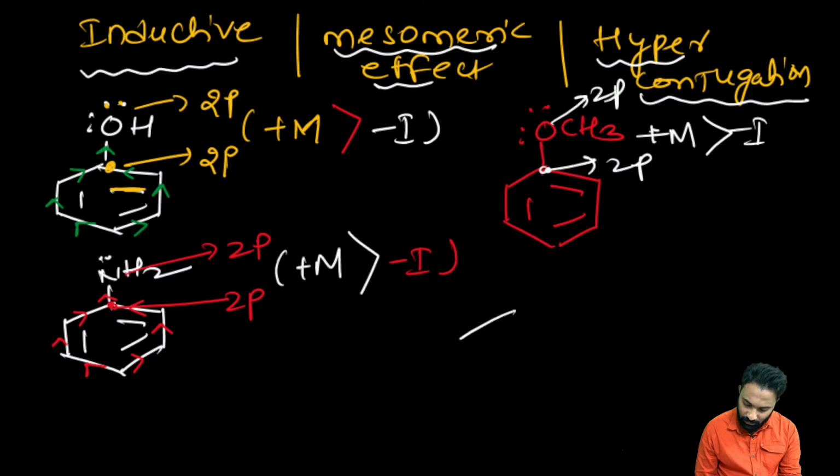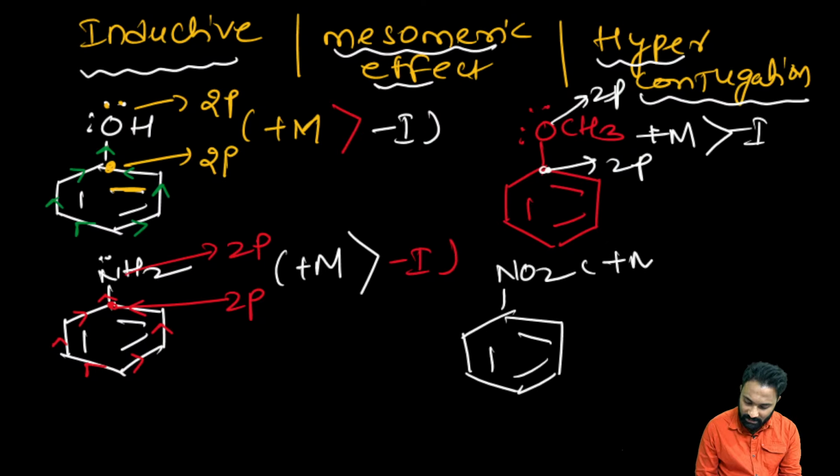Next, when it comes to nitrobenzene, nitrobenzene shows minus M and minus I. Minus M effect is more dominating.